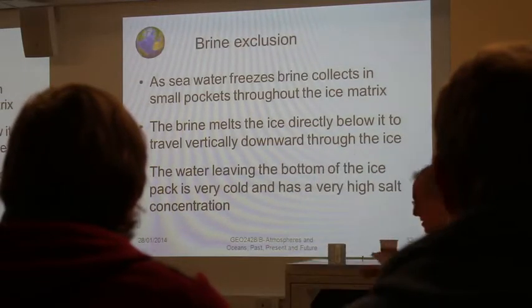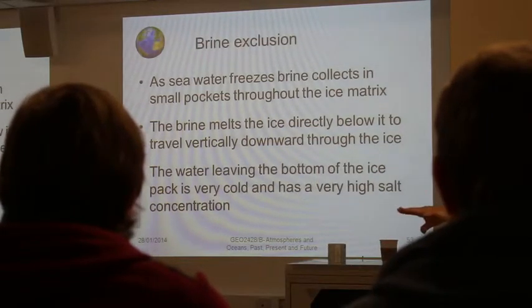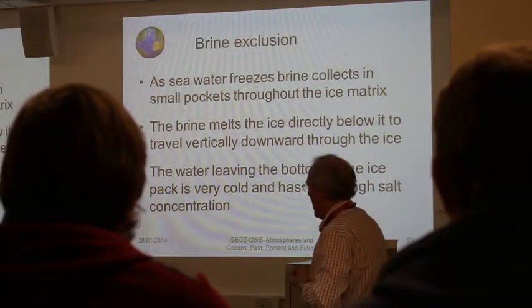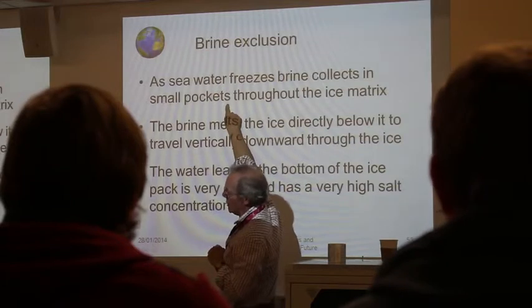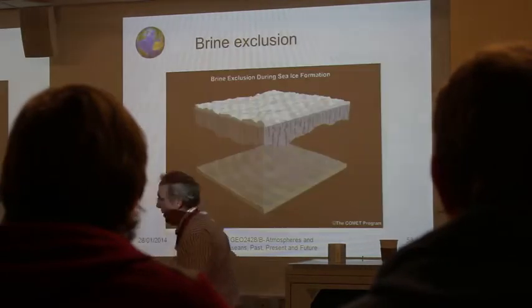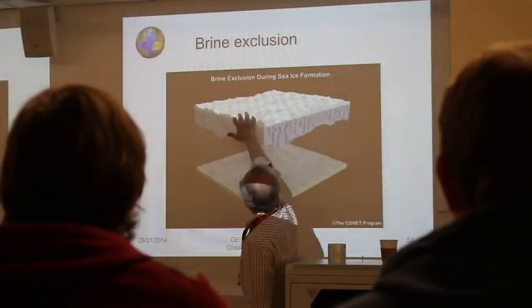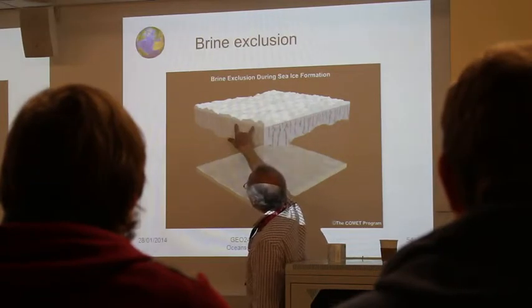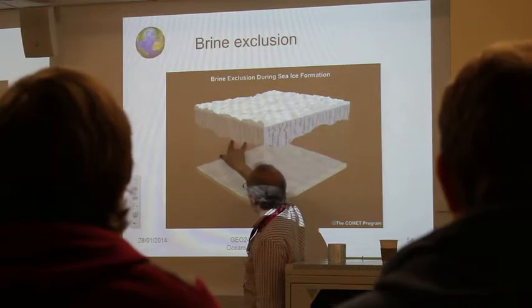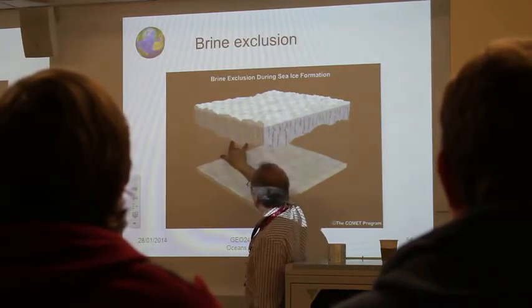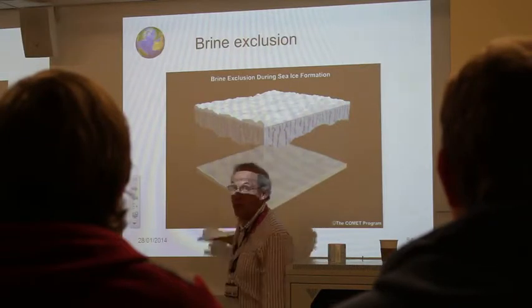So the net effect of freezing the surface of the ocean at high latitudes is to start this process of brine exclusion. As this freezes, this very salty, very cold water is concentrated at the bottom, and then expelled from the base of the ice.